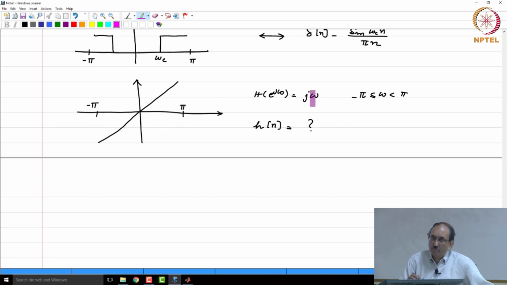It will be, after all, 1 over 2 pi, the integral from minus pi to pi of j omega times e to the j omega n, because h of e to the j omega is j omega, and that you can very easily derive using the UDV rule. So, you will know what the final answer is as far as the impulse response goes. See if you are able to get the same answer using the differentiation property. It will require some thinking.